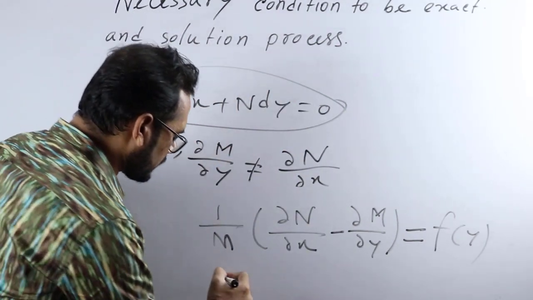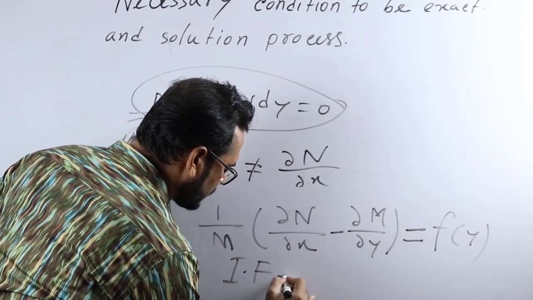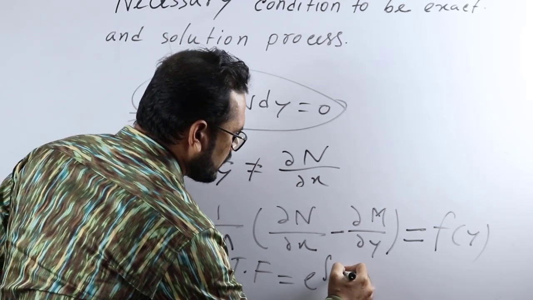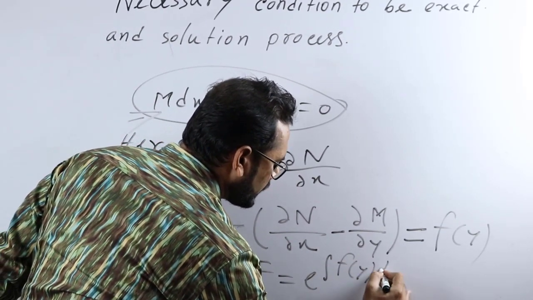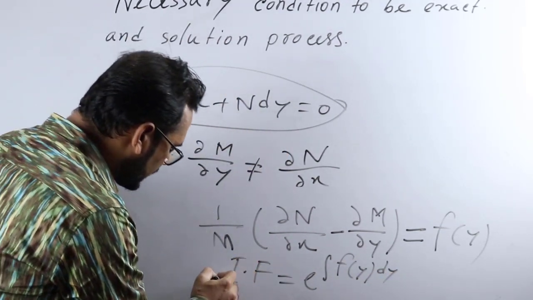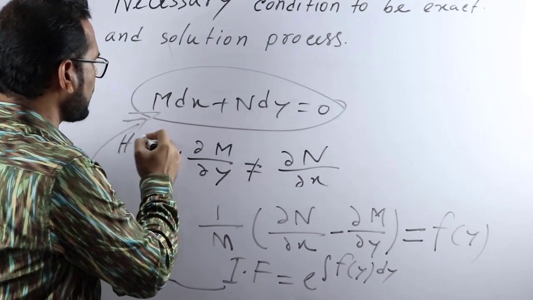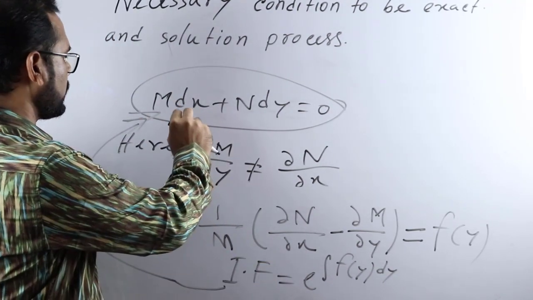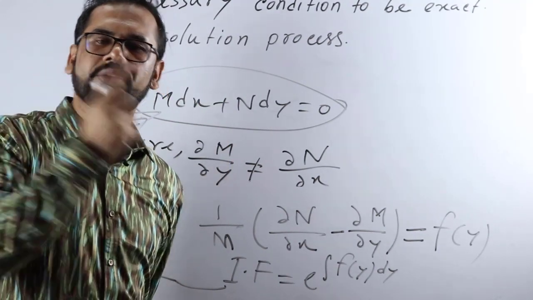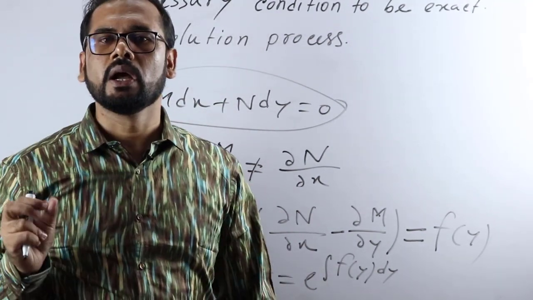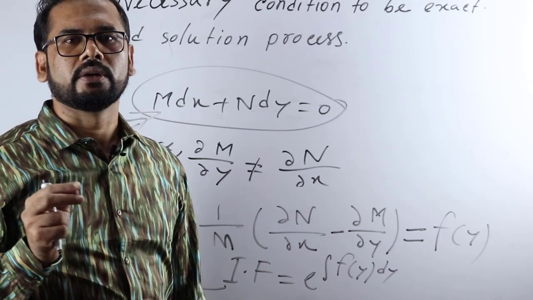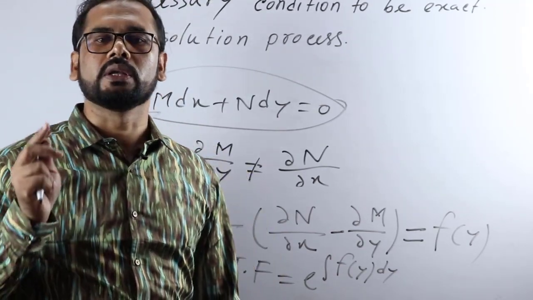Then our integrating factor will be e to the power integral of f of y dy. After finding this integrating factor, we just multiply it with this equation and integrate. Then we will get our desired solution very easily and very quickly.